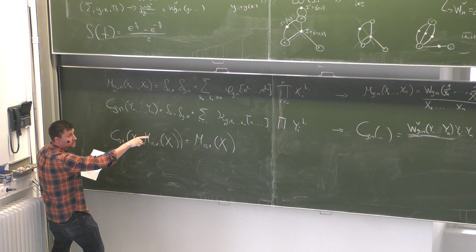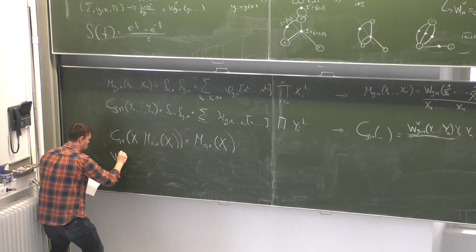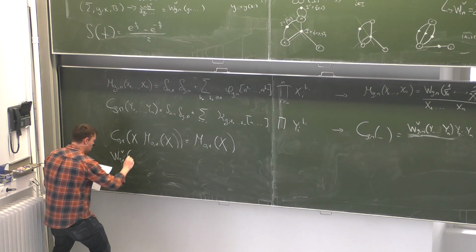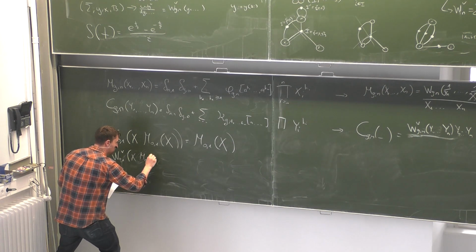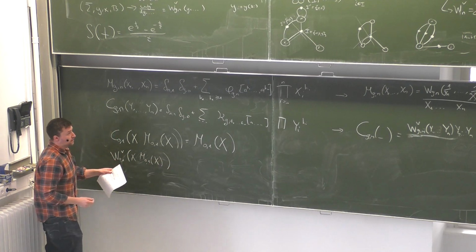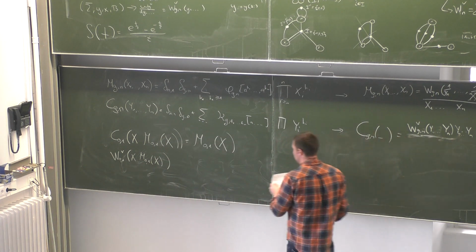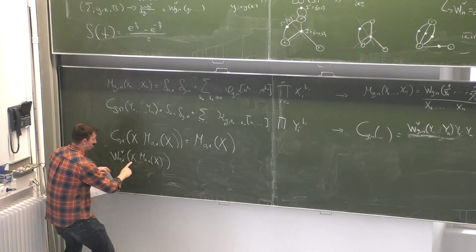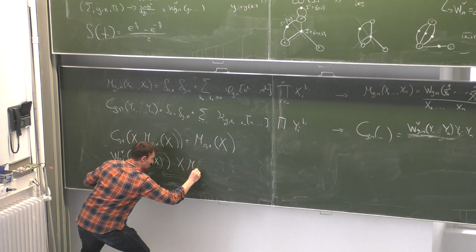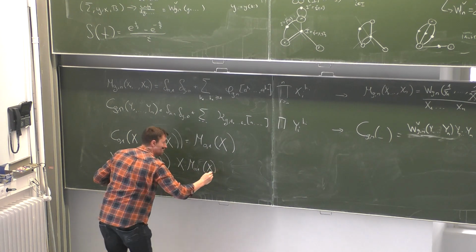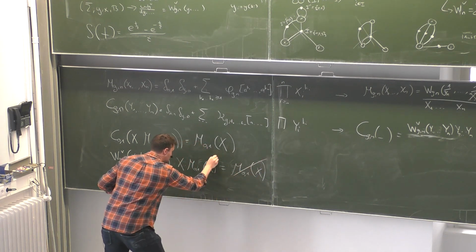We insert the C_{0,1} case. We have W check_{0,1}(x M_{0,1}(x)) as before, but we have to multiply by y. y is exactly our argument here, which is x M_{0,1}. So this is cancelled.